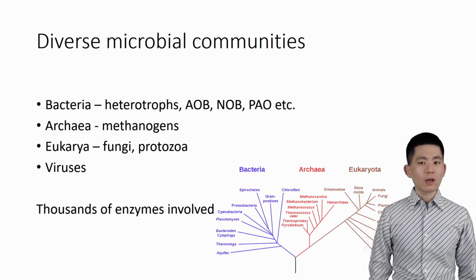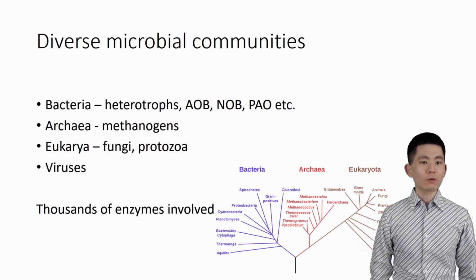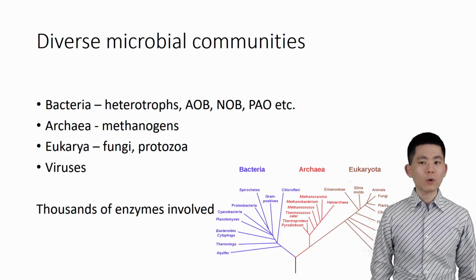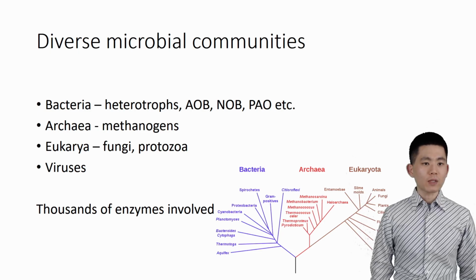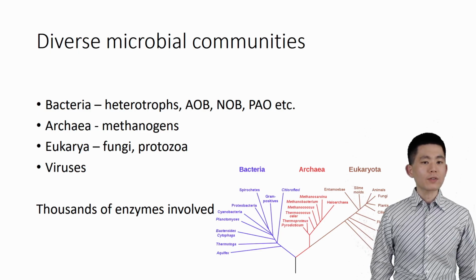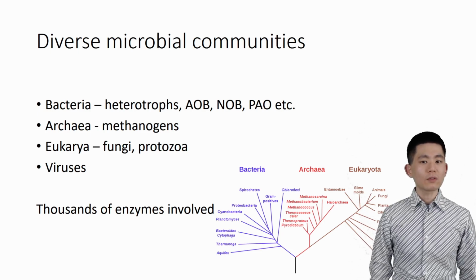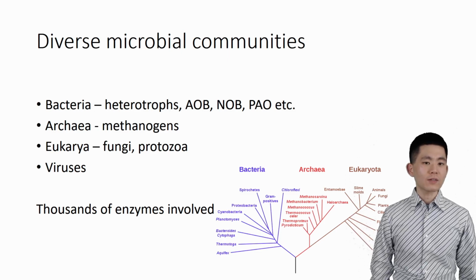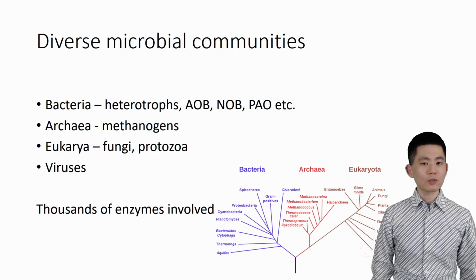In eukarya, fungi can hydrolyze and degrade complex hydrocarbons, while protozoa can graze colloidal particles and disperse bacteria. Viruses are not on the tree of life, and little is known about their roles. They may be involved in the lysis of cells and horizontal gene transfer.